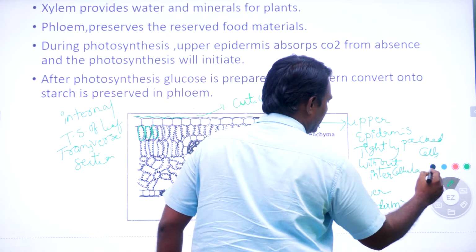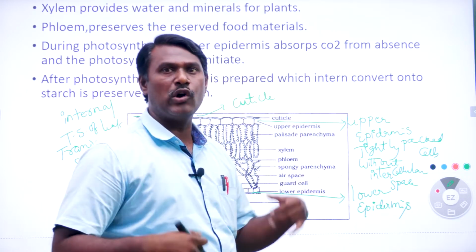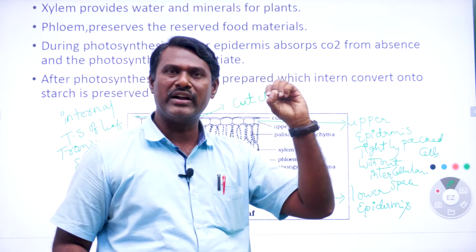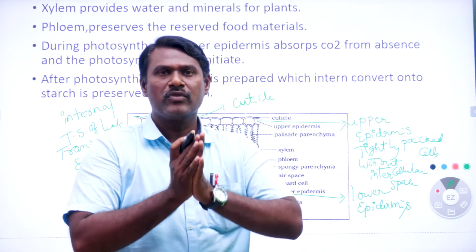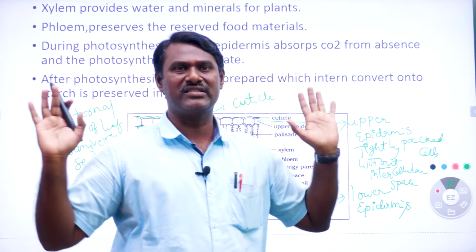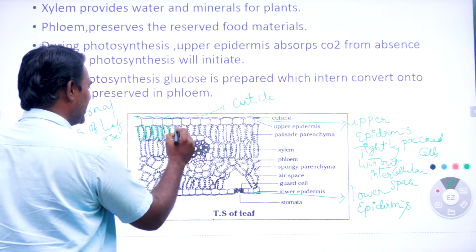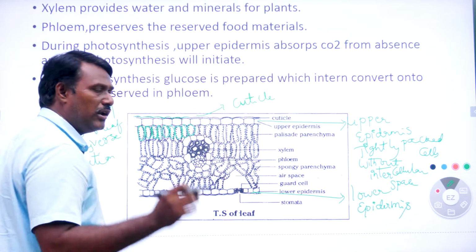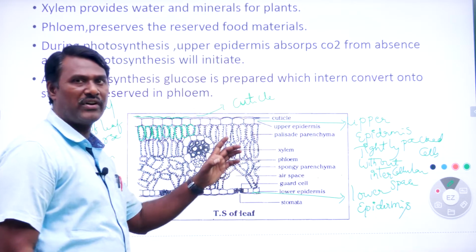Without intercellular space means there is no space between the cells. Once you observe here, in two rows there is no space between the cells. This we can call absence of intercellular space.